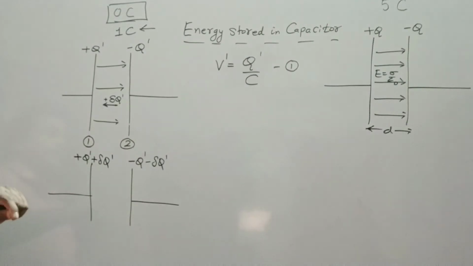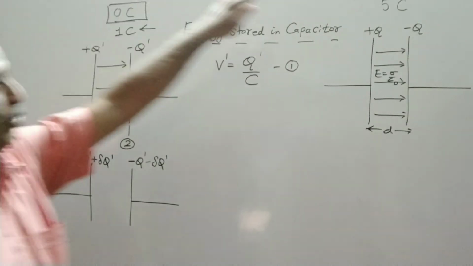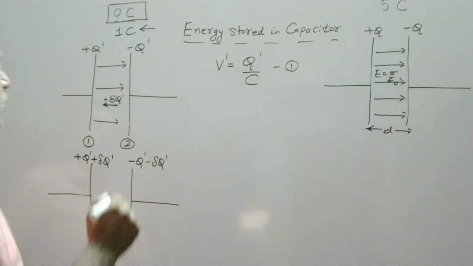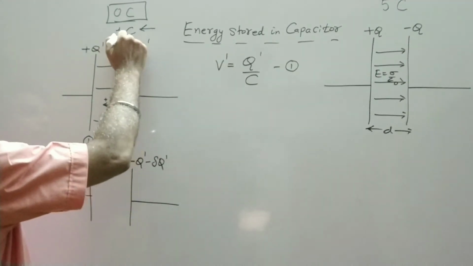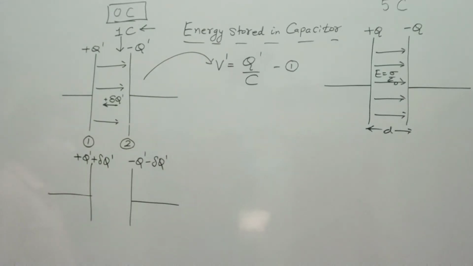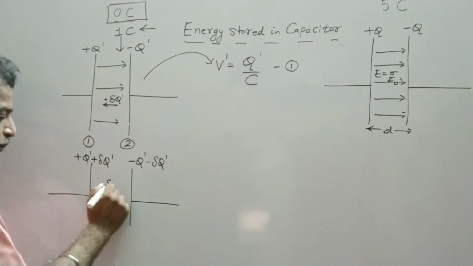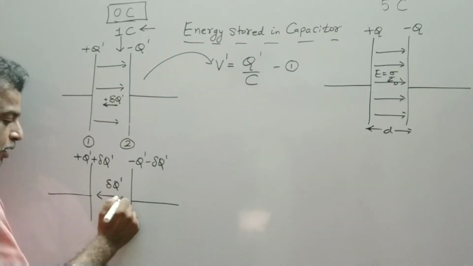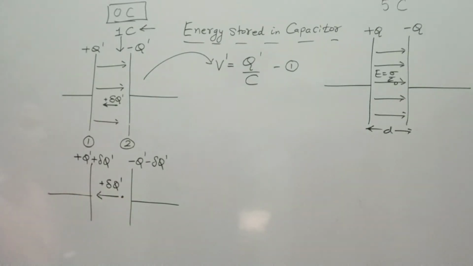So say initially it was 0, finally you have to go to the 5 coulomb. This is already 1 coulomb deposited, so potential at this time is this. Now the charge is deposited or work is done bit by bit. So delta Q dash charge, a unit positive charge, is moved.